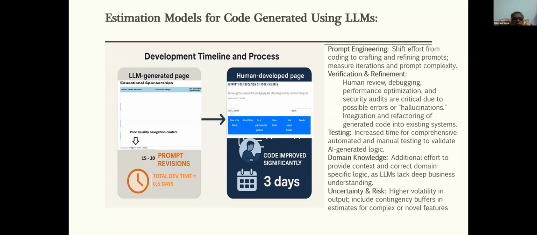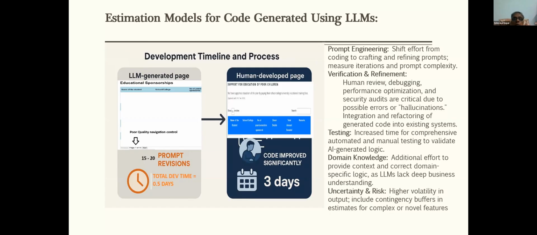Had we estimated, based on the prompt revisions and how productive the LLMs are, that this page would take just 3 hours because LLMs are highly productive, then we'd be wrong, because it took 3 more days to correct the output and restore it to something that can be used.